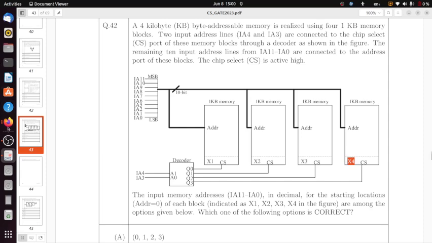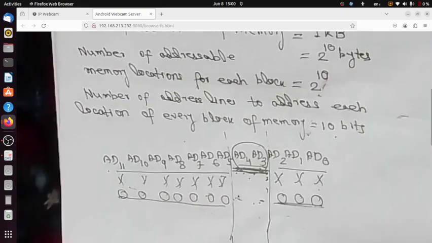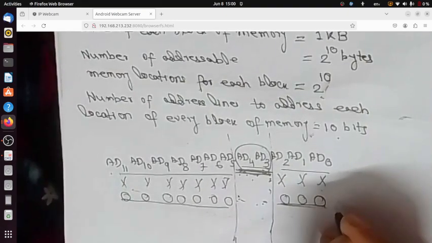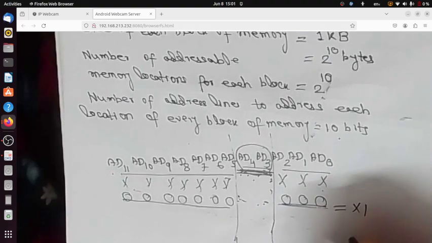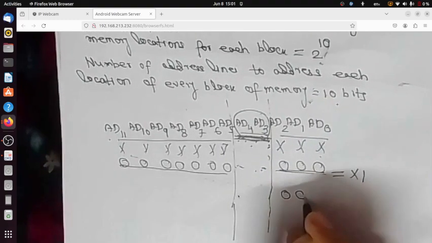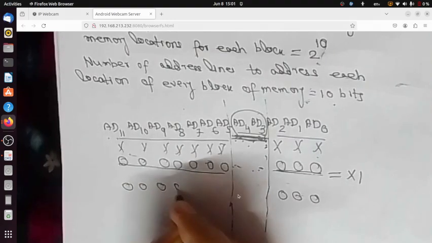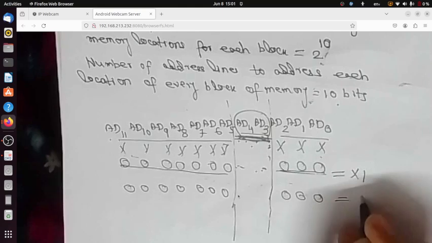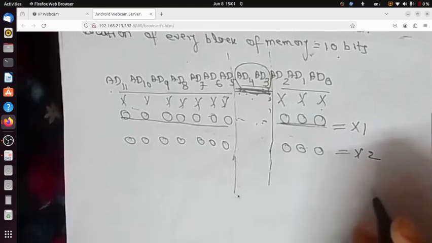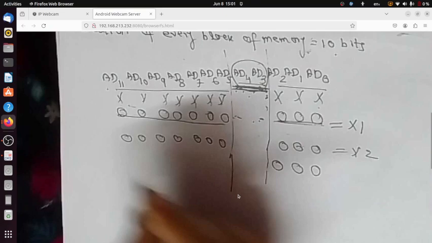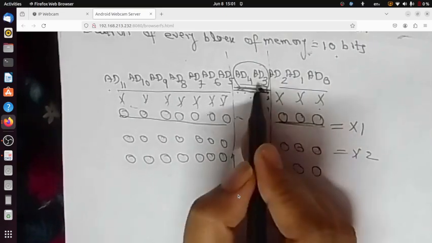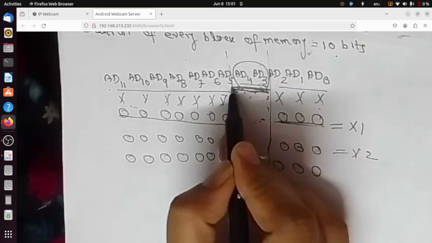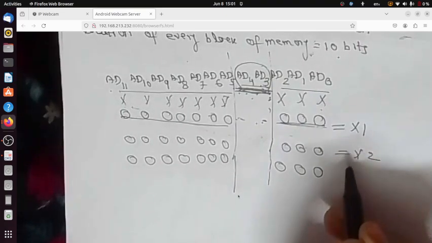Now we want to write the input memory address for starting location x1, then the input memory address for starting location x2. Starting location means all of these 10 bits will be 0, so only the 2 bits, input address lines 3 and 4, will differ for each of the 4 blocks of memory.